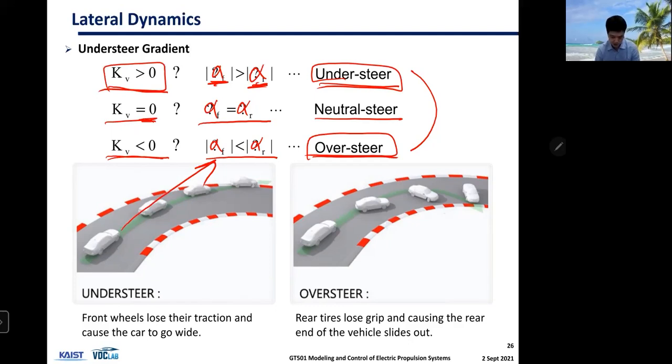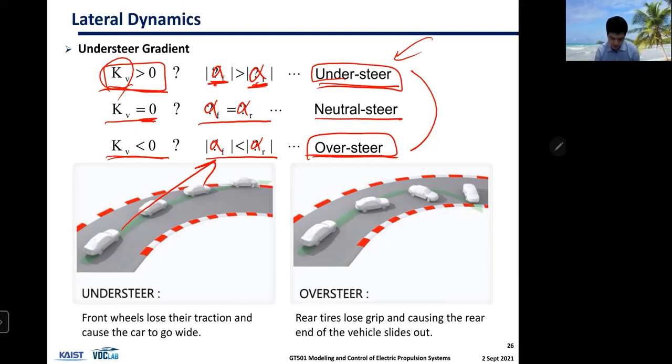Usually when you design a vehicle, the designer always makes sure the vehicle has an understeer coefficient for this value.